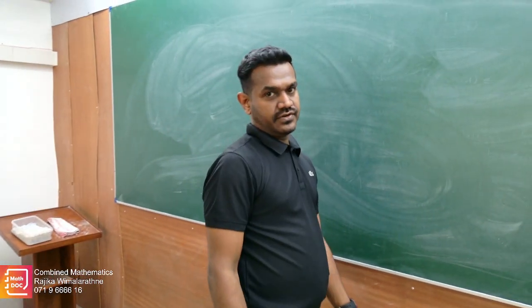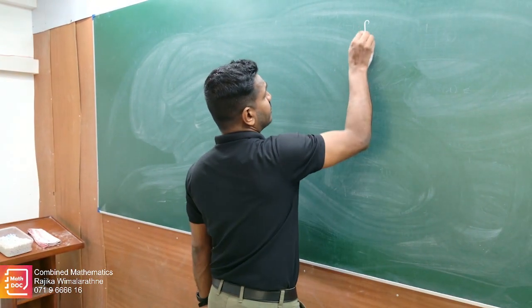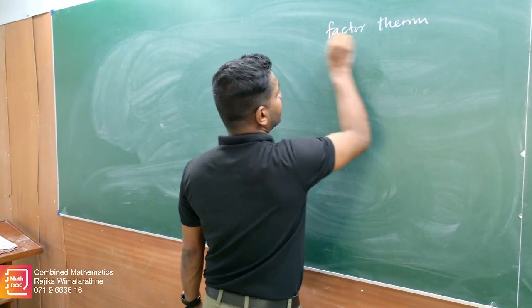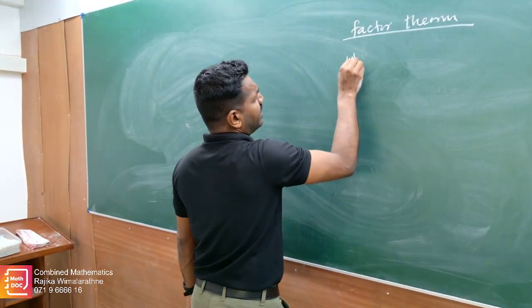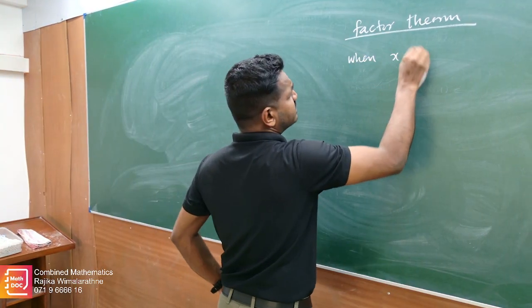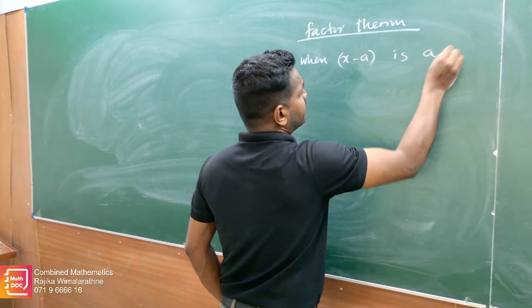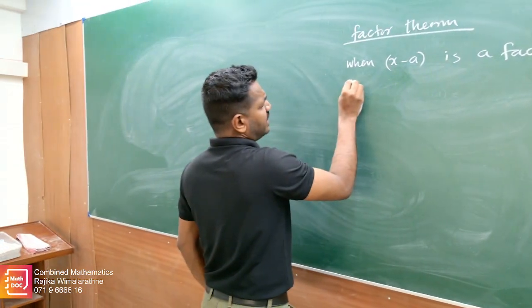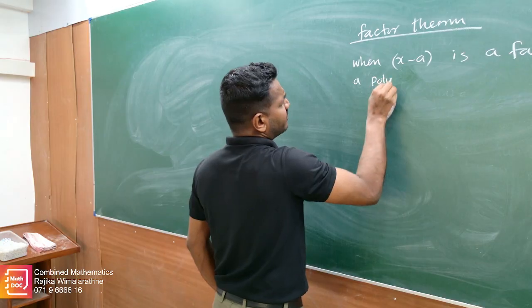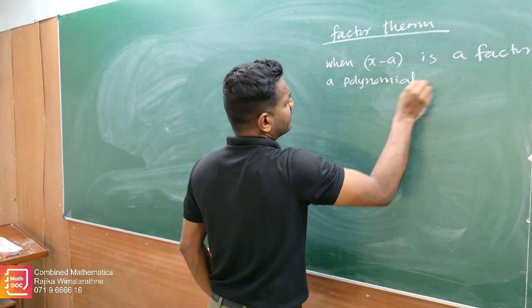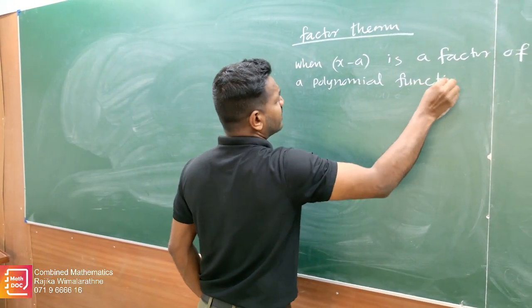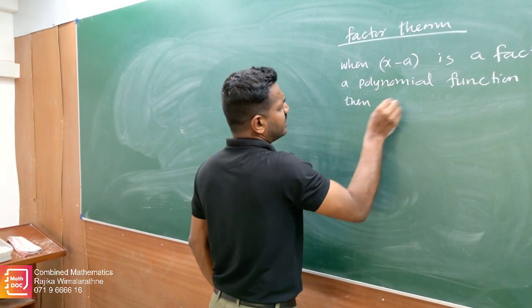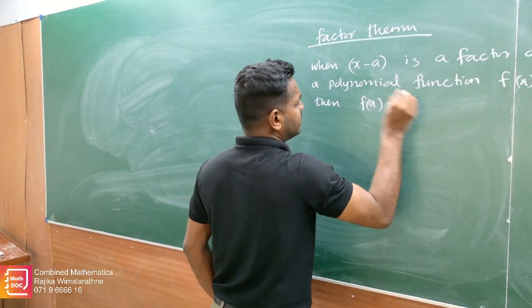Now, the factor theorem. When x minus a is a factor of a polynomial function f(x), then f(a) equals 0.